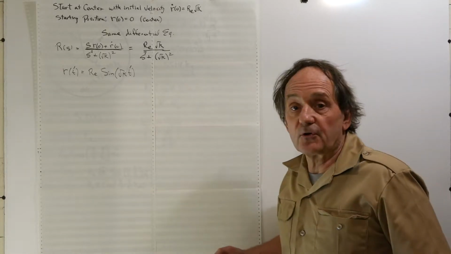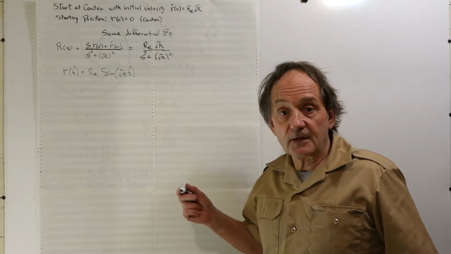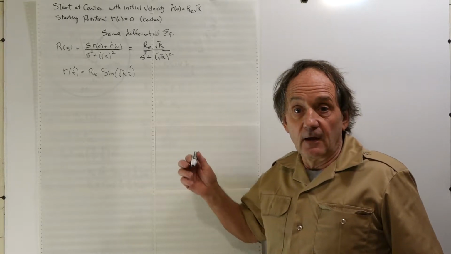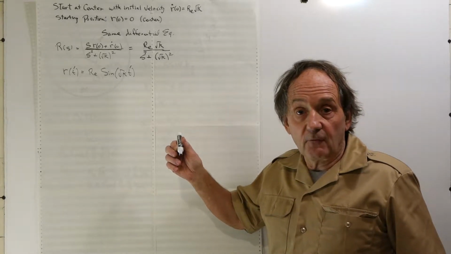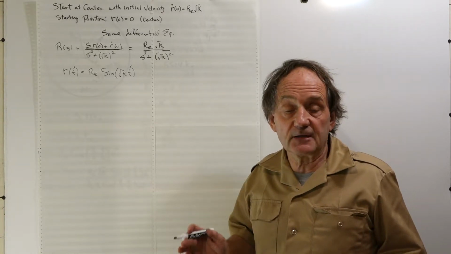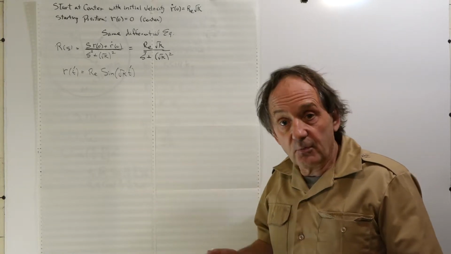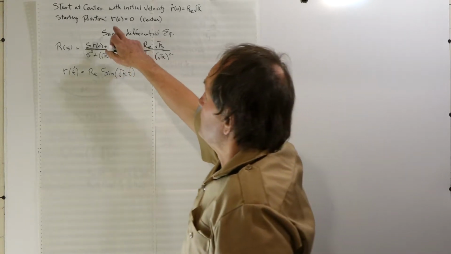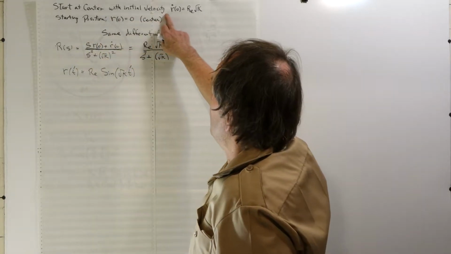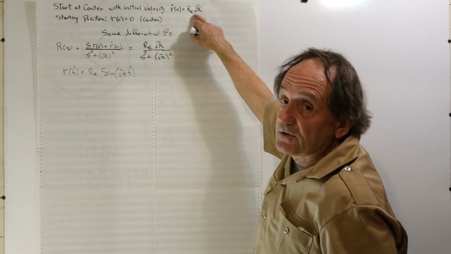We're starting our journey now from the center of the Earth with the velocity that we attained from our travel from the surface down to the center. Now we're going to use that velocity at the center as our starting velocity for the new problem. So we're starting at the center with initial velocity of Re square root of k.